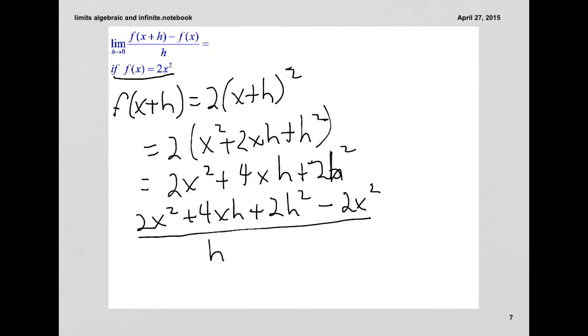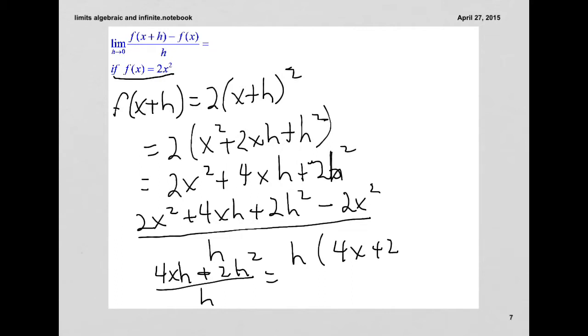Okay, now I go through and collect like terms, and I get 4xh plus 2h squared all over h. Well, in the numerator I see I can take out a GCF of h, and that leaves me with 4x plus 2h all over h.